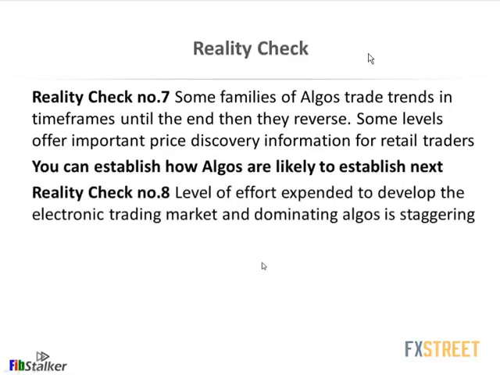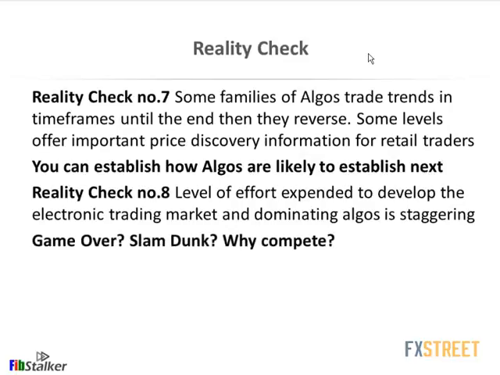Reality check number 8 is, this is my last slide, the level of effort expended to develop all this electronic trading system market, which is dominated by algorithms. It's really staggering. So does that mean that that's game over, or it's a slam dunk?